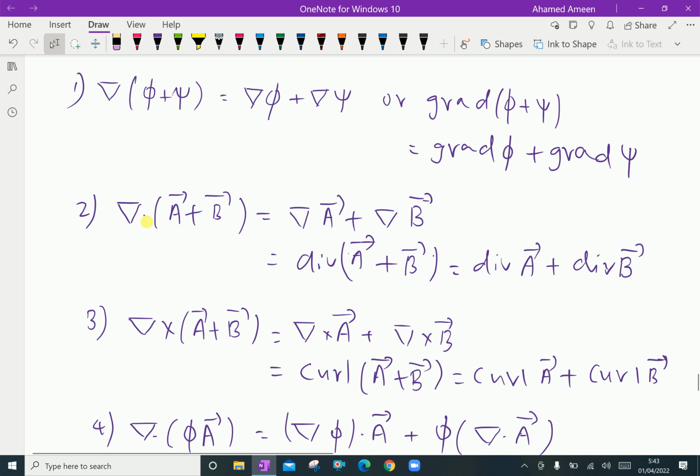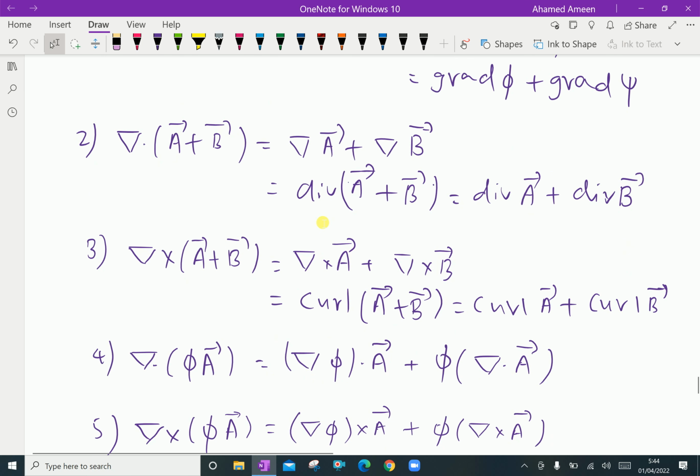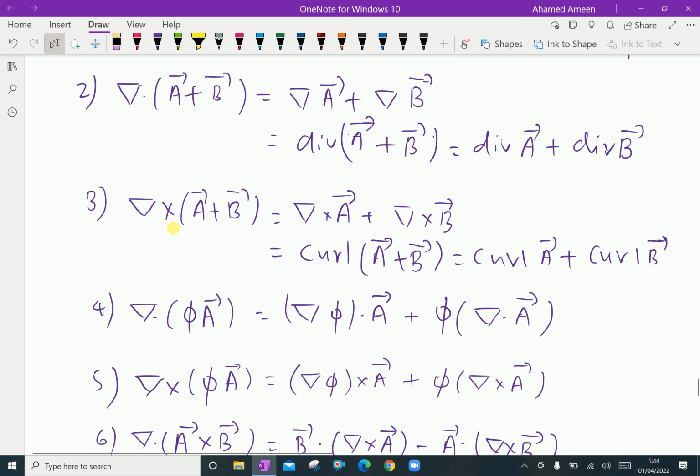Likewise, delta dot of A plus B is also distributive, that is, divergence of A plus B equals divergence of A plus divergence of B. Here, delta cross A plus B is delta cross A plus delta cross B, distributive, which is curl of A plus B equal to curl of A plus curl of B.